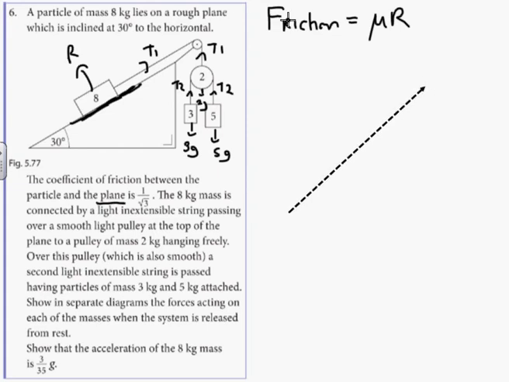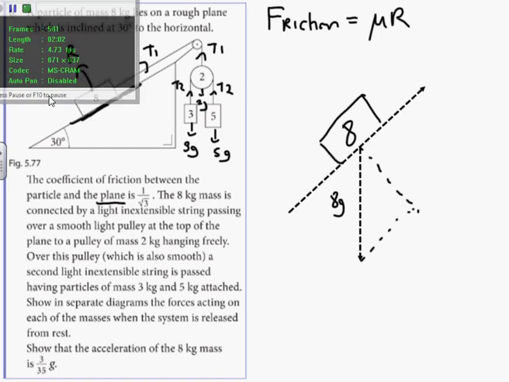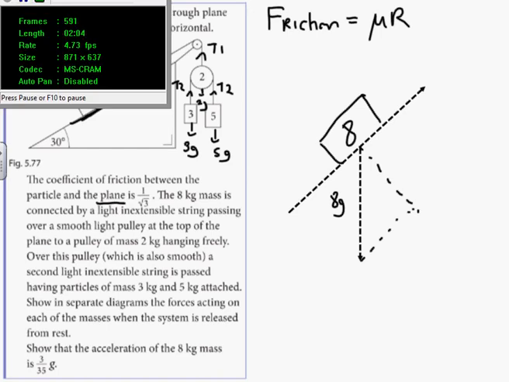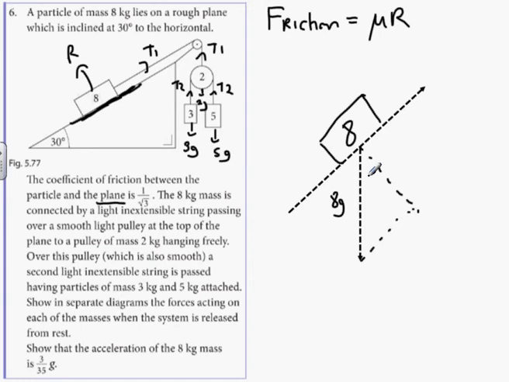So let's do what we always do. We compare to the 8 kilogram particle and we draw our right-angled triangle. So it goes down at 8G. Okay guys, so what we have here is 30 degrees, so 8G cos 30 and 8G sine 30.